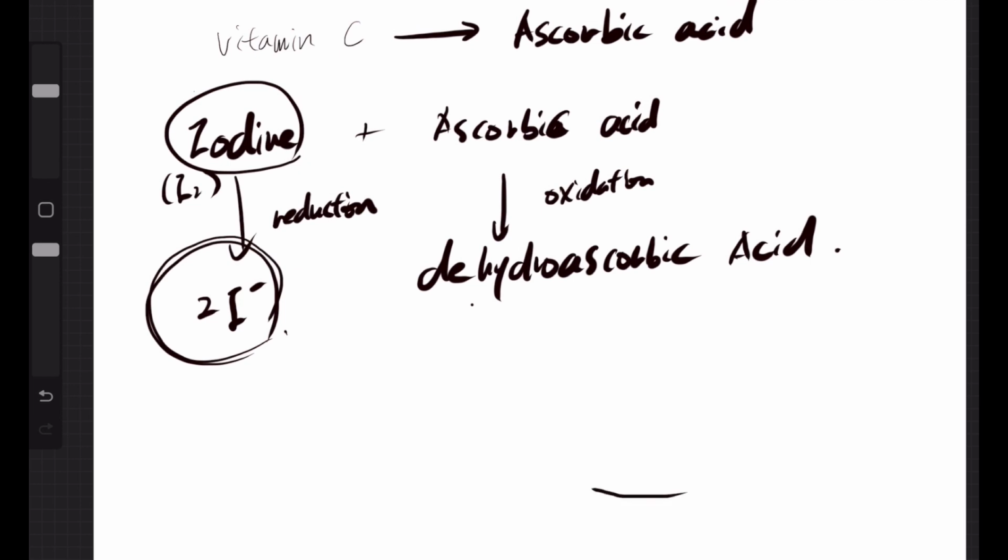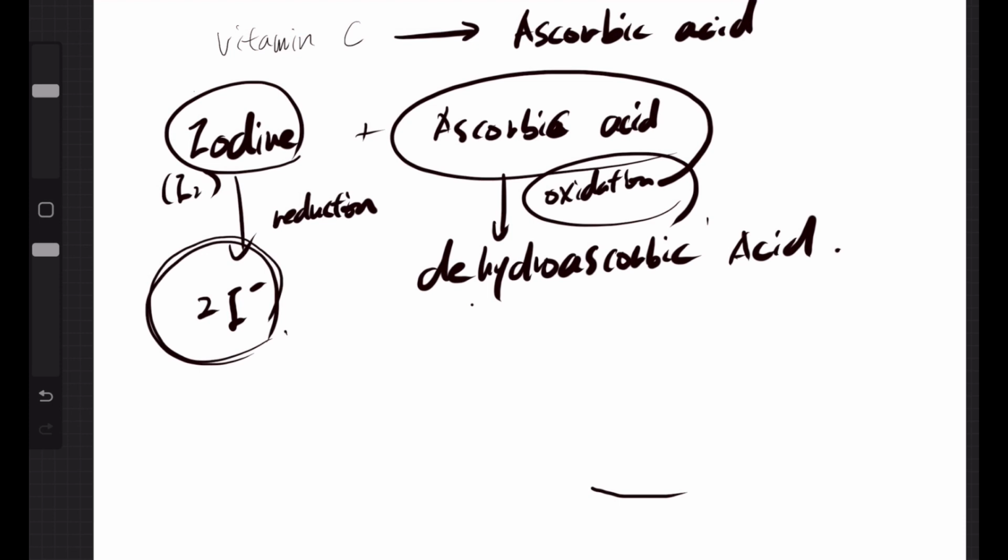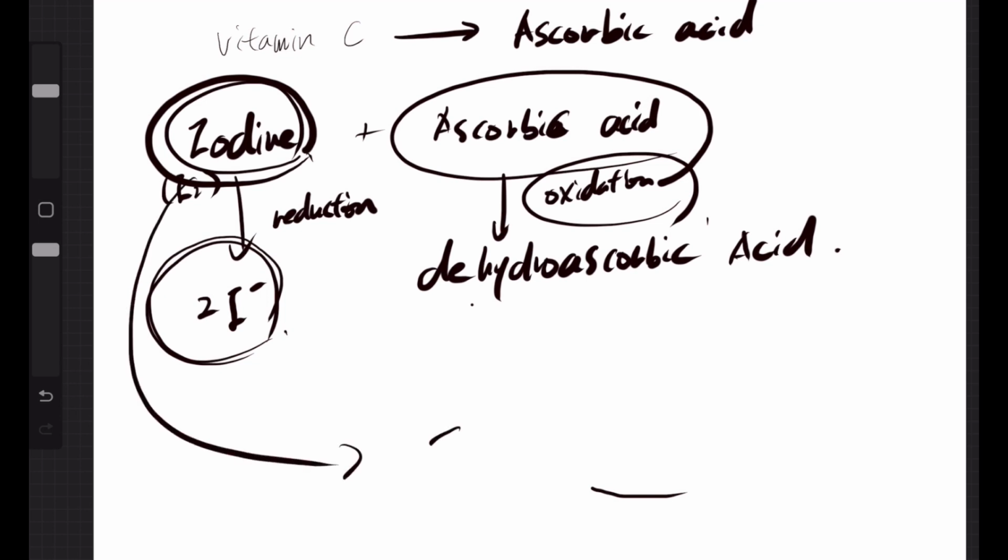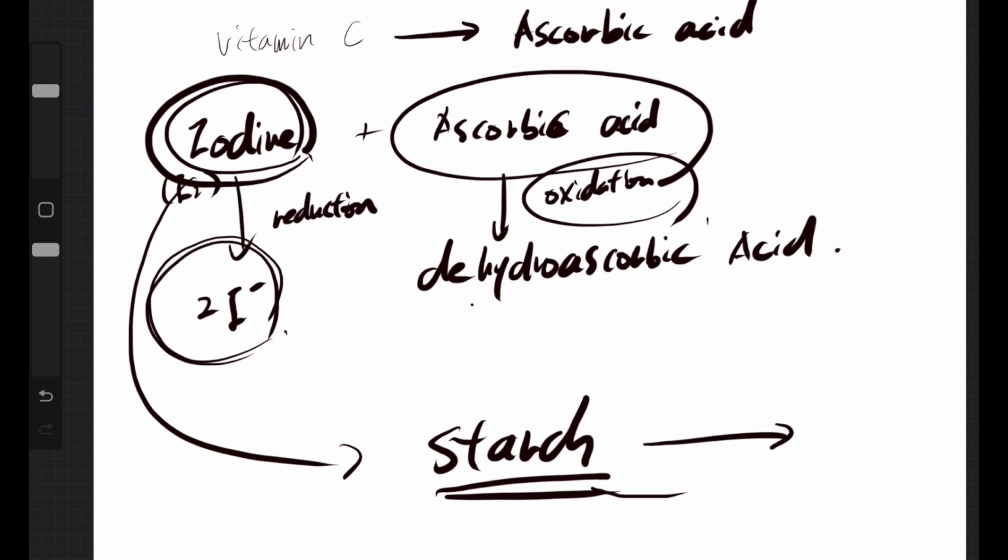So once all the ascorbic acid has been oxidized, the excess iodine is free to react with starch if starch is present. And that's going to change the color of the iodine, which is brown, to blue-black.